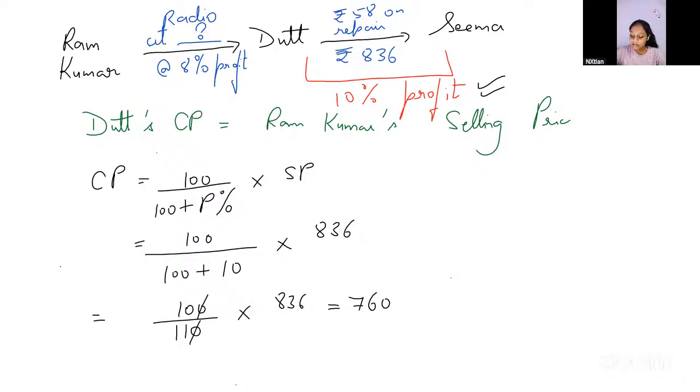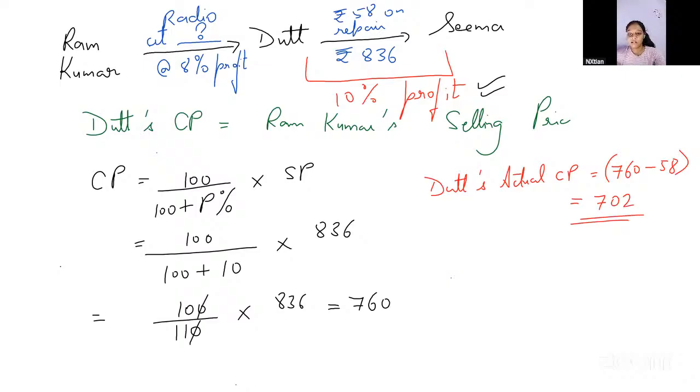Now, the 760 includes a repair of 58, so that's the actual cost price. Ma'am, 702. Yes, 702, that is correct. 760 minus 58 rupees repair is 702.